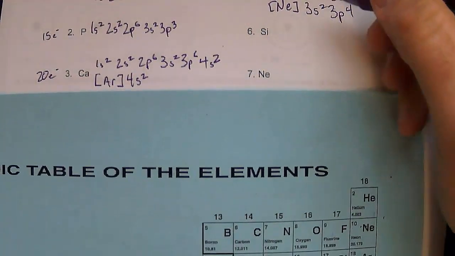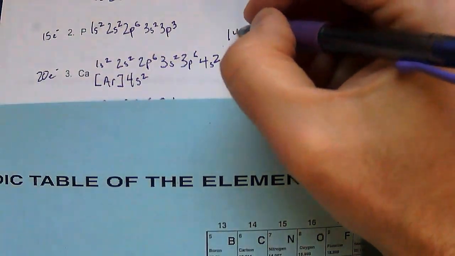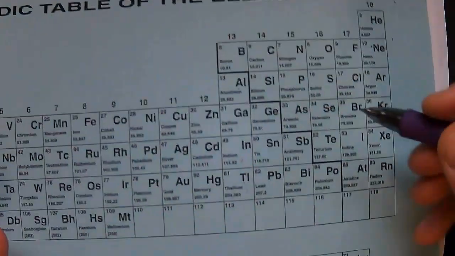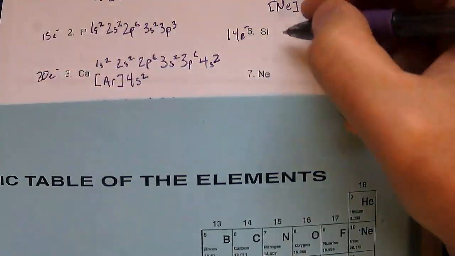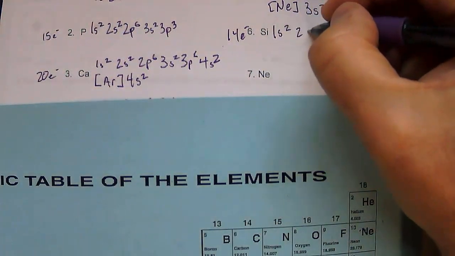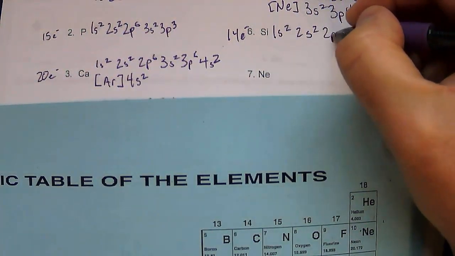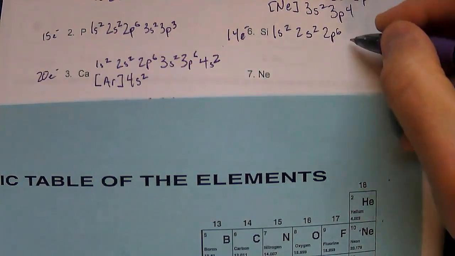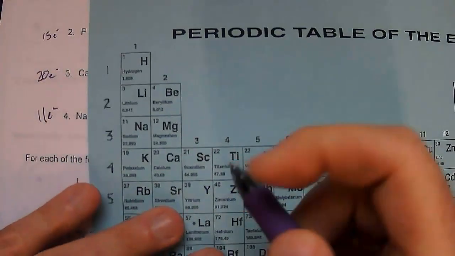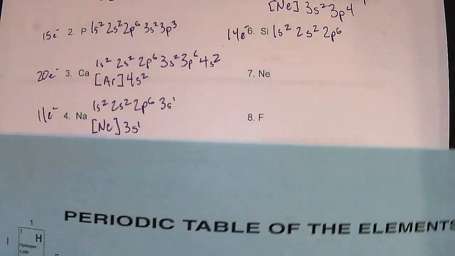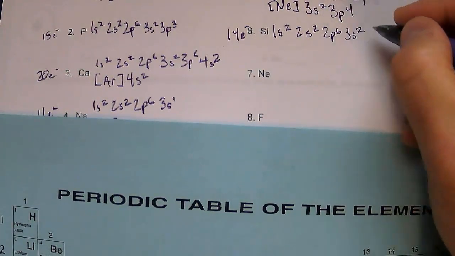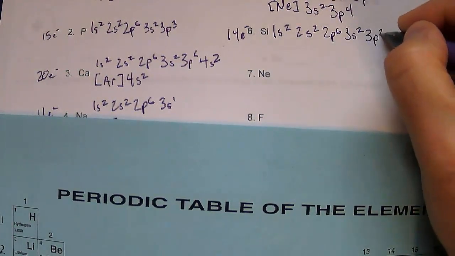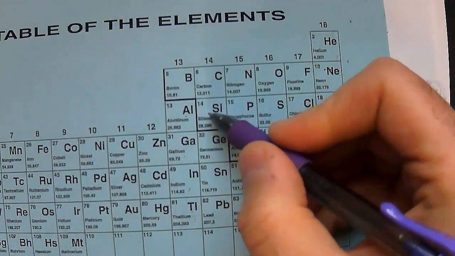Silicon, 14 electrons. We're going to go 1s2, 2s2, 2p6, and then 3s2, and then 3p2.